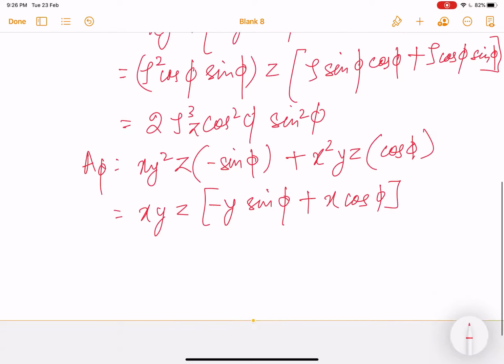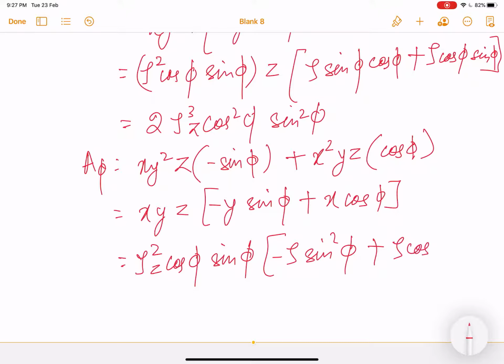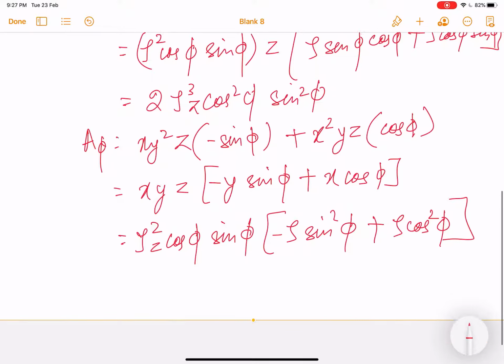For getting correct answers every time, you must have proper practice. So here again, this will be rho squared, I wrote it directly, cos phi sin phi into z. Then over here, instead of y I can write rho sin phi, this again sin phi, so rho cos phi into cos phi. So this is what I got. Let me leave it like that.